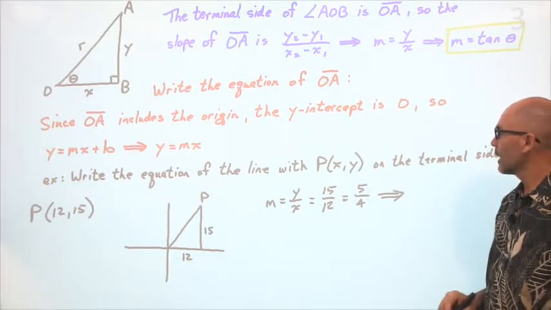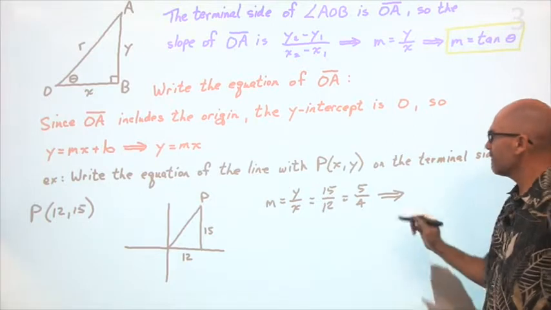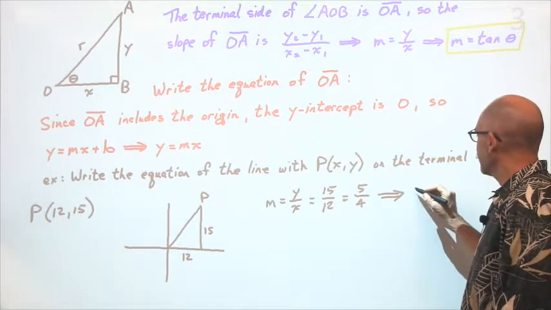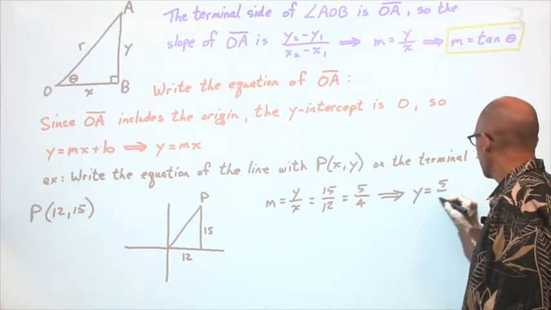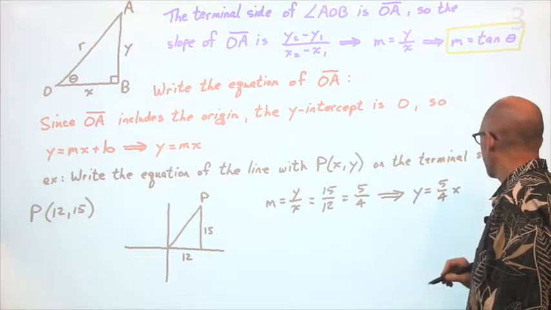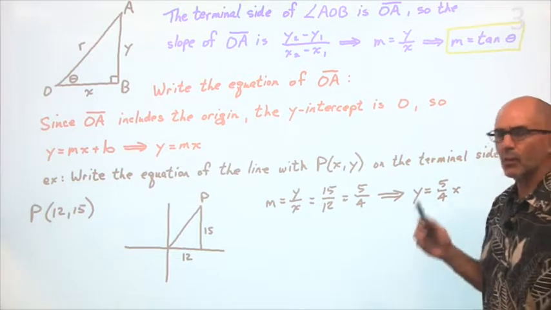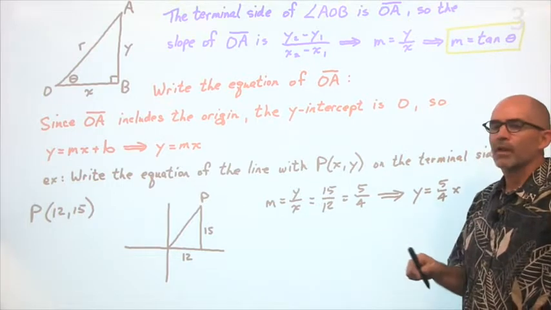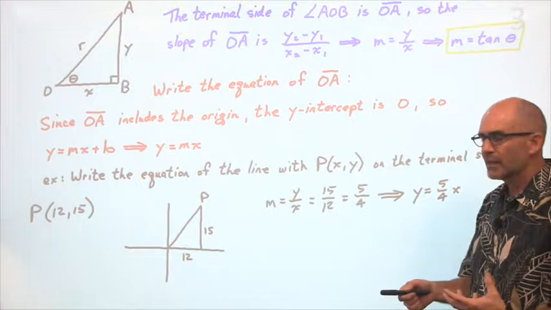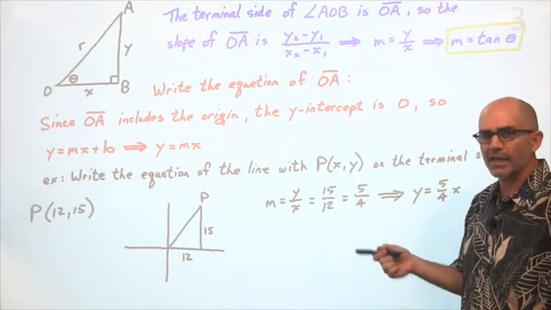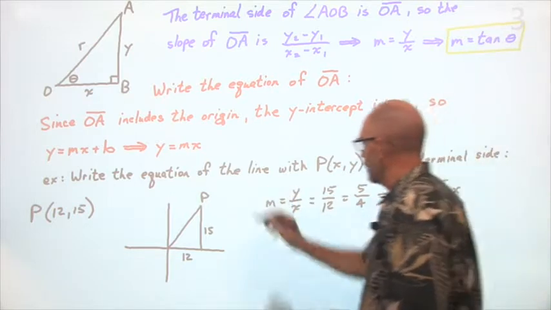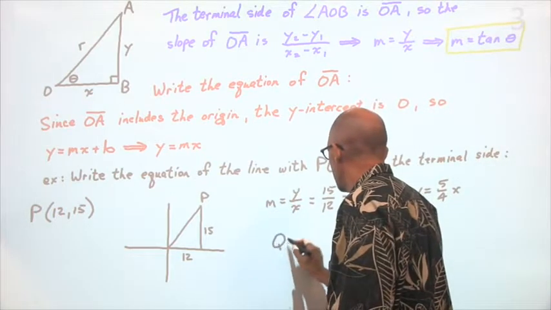So the slope is 5/4, and that tells me that the equation is y equals 5/4 x. Now, the only other thing that we need to state is the domain restrictions and the quadrant that P is located in. So clearly, it's quadrant 1.